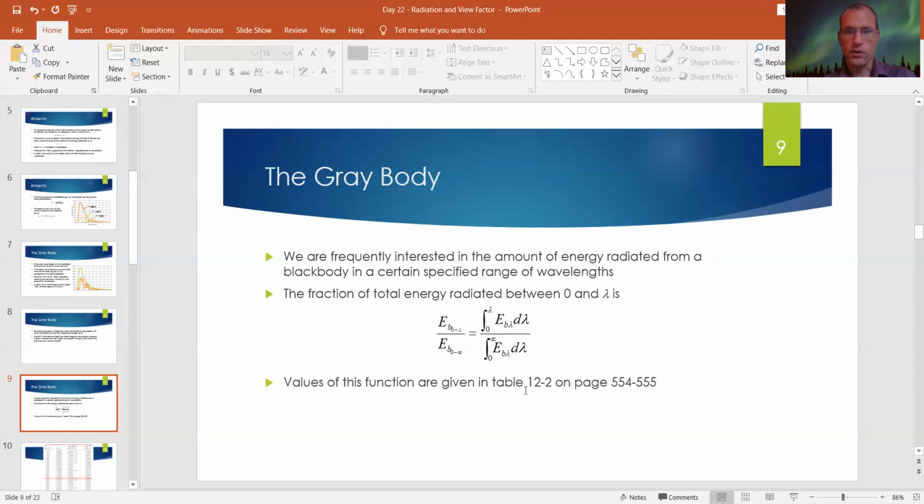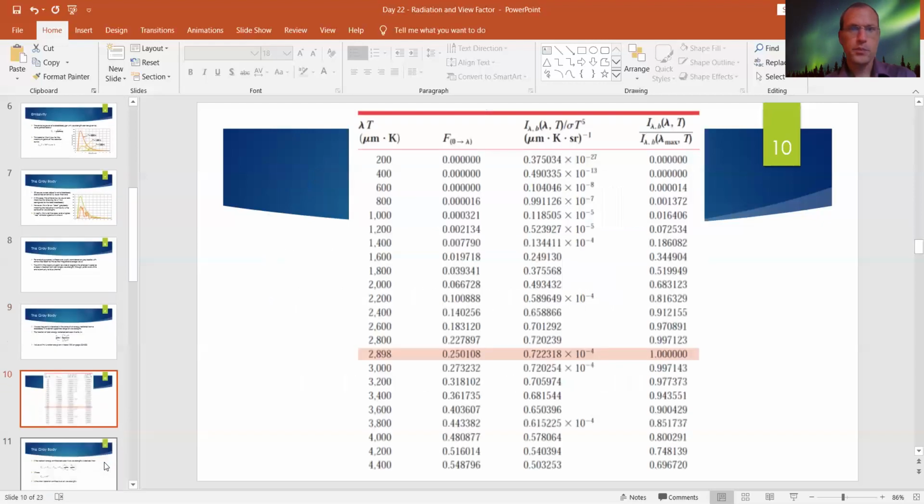So Table 12-2 on pages 554 to 555 looks something like this. It depends on the value of lambda times T. So the lambda value that I care about times the temperature has some value. So let's say I want from 0 to this thing being 2000. So here's 2000. The total fraction is roughly 6.7%.